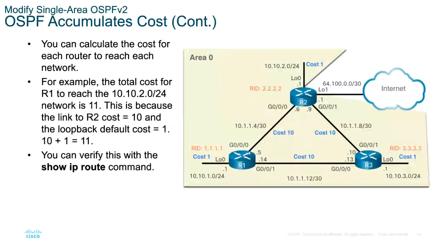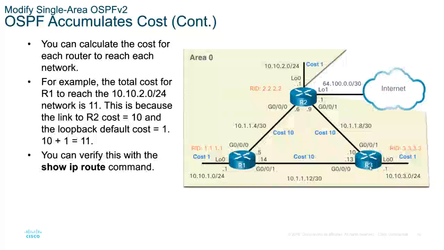As it arrives on the G00 network, it knows the cost of using this link on this interface is 10, and the advertised cost from router 2 to get to this network is 1. Adds them together, so it knows it's a cost of 11 to get to this network.